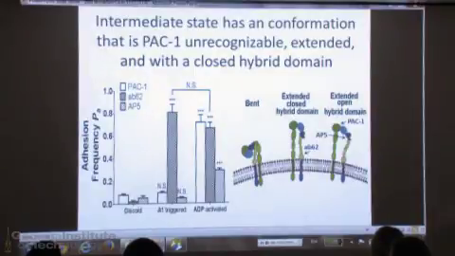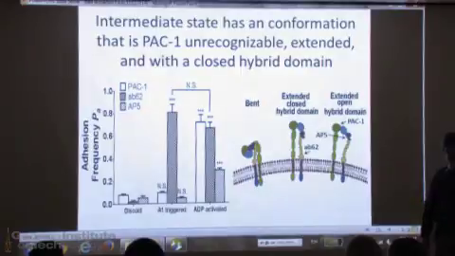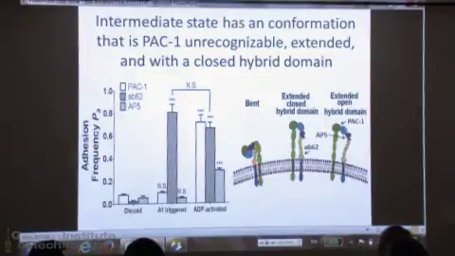So you can also use conformation reporter antibodies. A lot of them are available for integrins, and there were 3 antibodies. One binds to here. It will not bind a bent integrin because the binding site is buried.